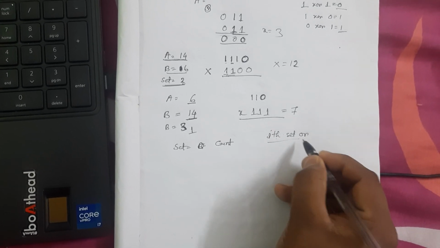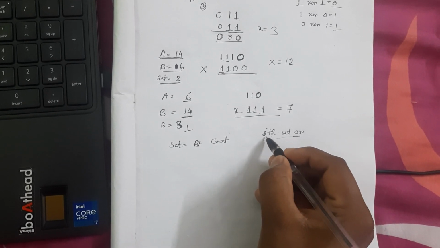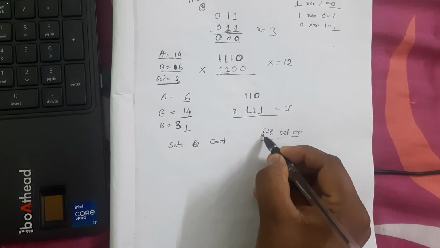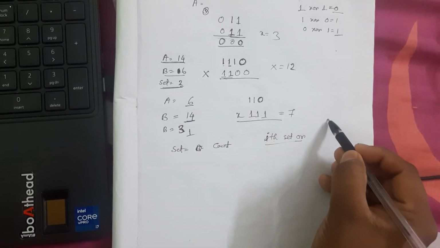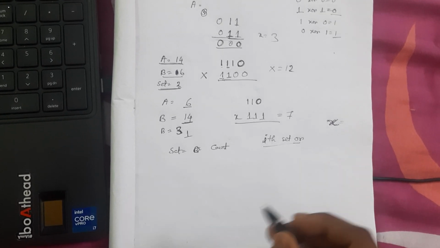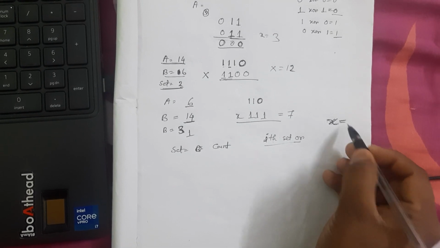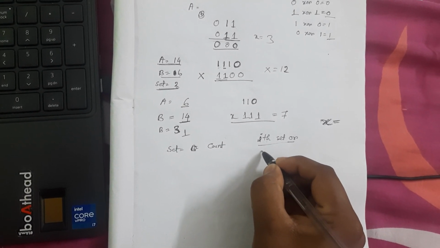If the ith bit is set and count is greater than 0, then in x, the ith bit should also be set as 1.